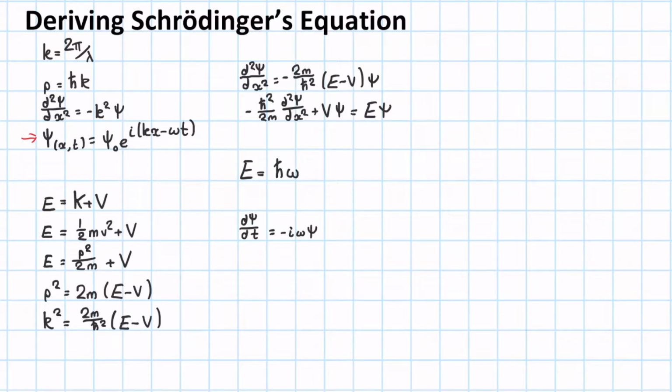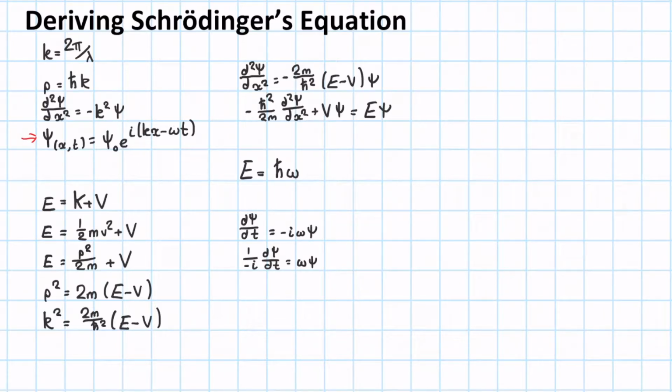Now rearranging this gives us the following form. First we divide by minus i. 1 over minus i d phi by dt equals omega phi. Next, we multiply by h bar.